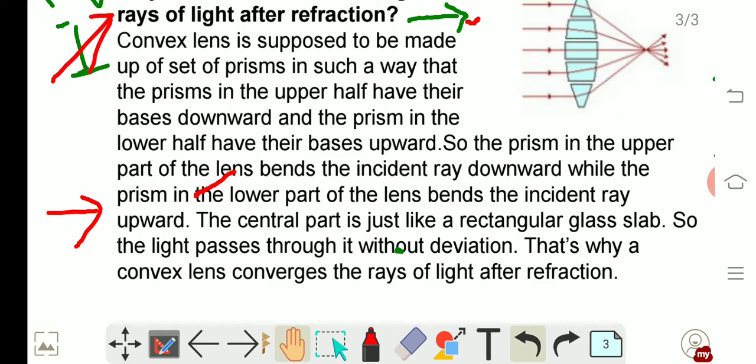The central part is just like a rectangular glass slab, so the light passes through it without deviation. That's why a convex lens converges the rays of light after refraction.